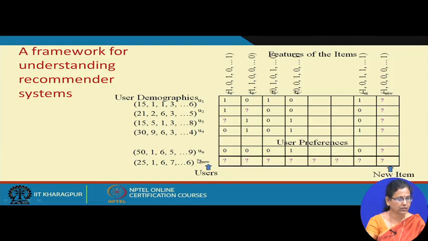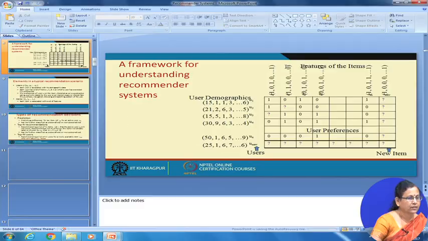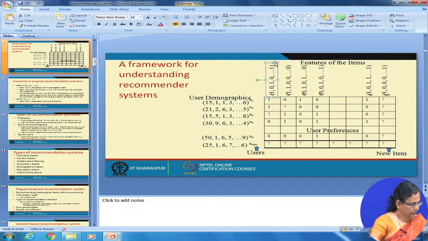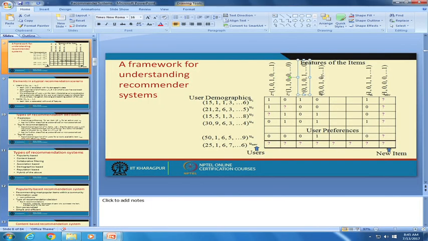Similarly, the columns represent the items: item I1, I2, I3, I4, I5 and IM and so on.